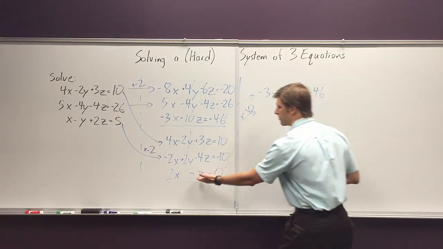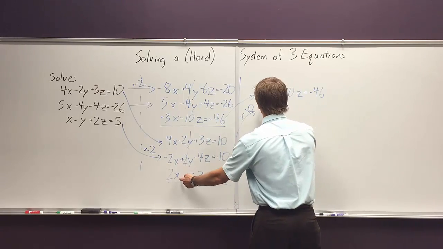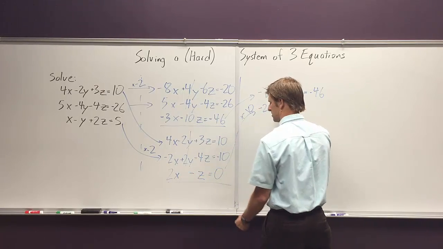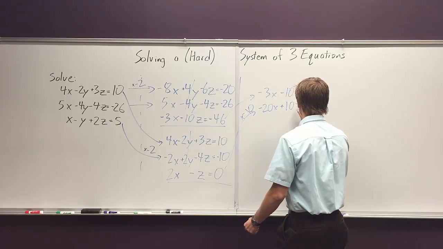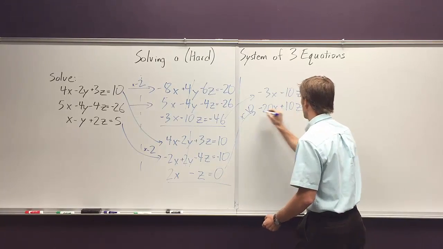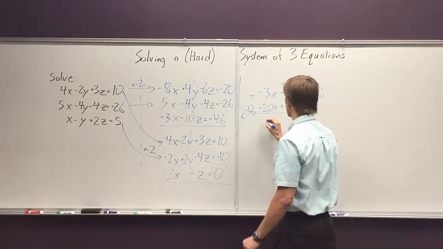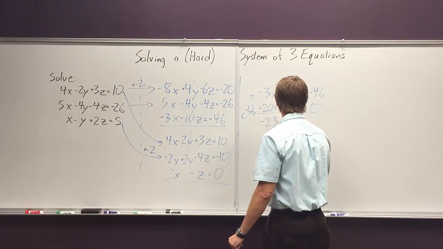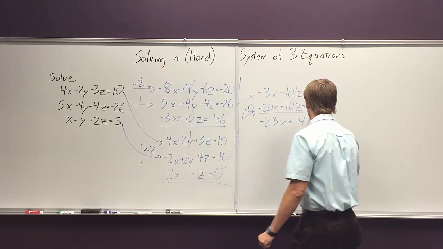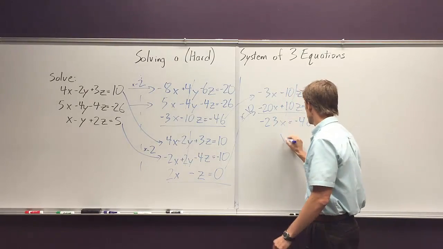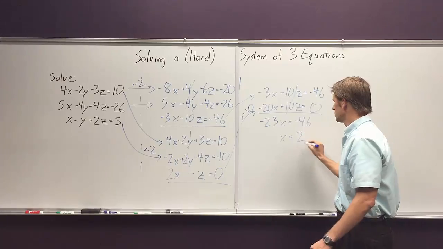Multiplying this by -10 gets me -20x plus 10z equals 0. Z's cancel, right? So what I get is -23x equals -46. Dividing by 23, I get x equals 2.